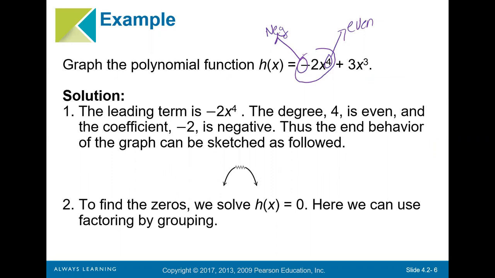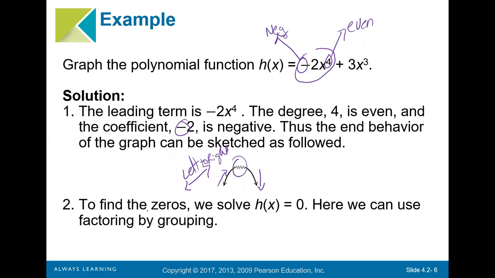Since it's an even function, the behavior is the same on both ends. We haven't determined the turning points and the x-intercepts and the y-intercepts yet, and since it's a negative leading coefficient, my end behavior is going to decrease.